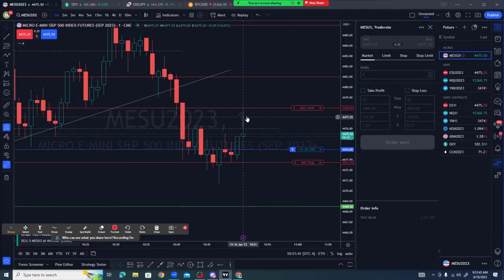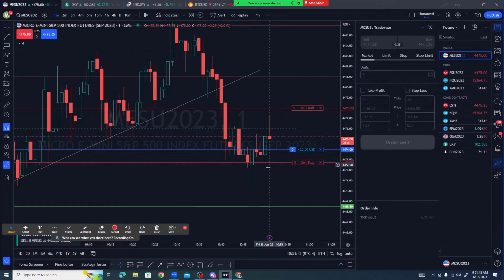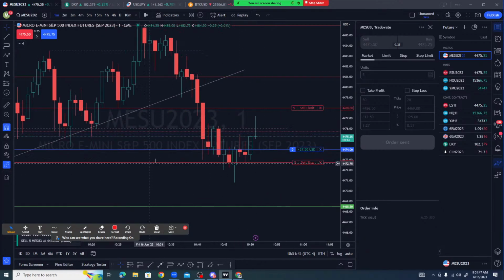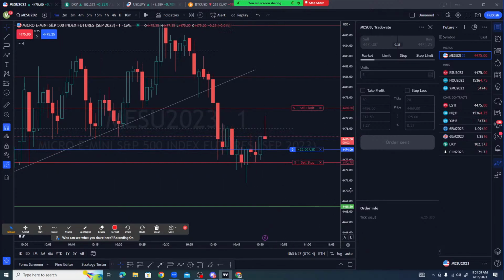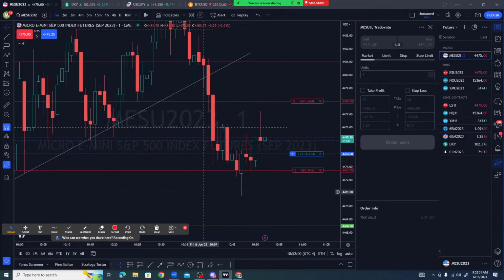That rejection of that area right there, that's not a good rejection. See if the last 10 seconds of this candle can go back green and get above this area in this structure. Really thought that was going to continue higher above that structure. Yeah, that's not a good close.